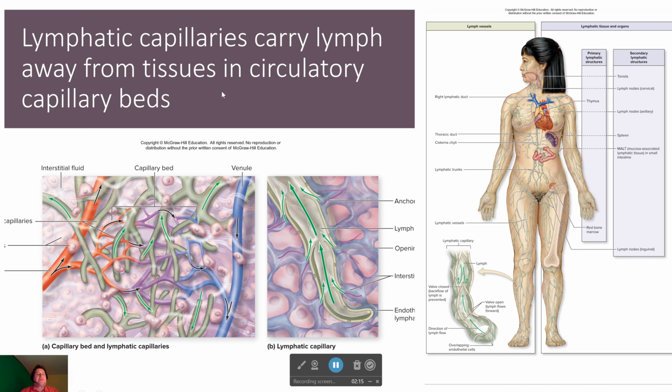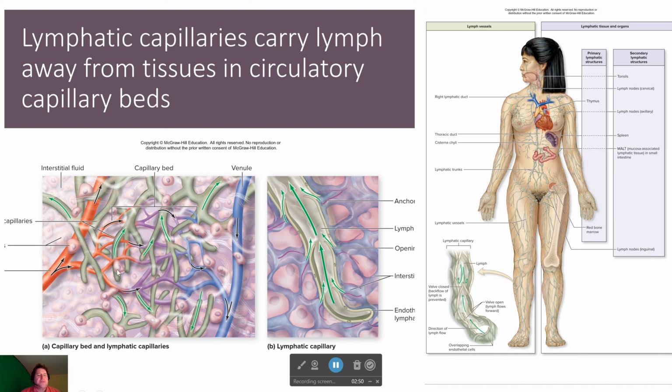So the lymphatic capillaries carry lymph away from the capillary circulatory beds. Just as we discussed in the circulatory system, the blood flows into the capillary from the arteriole, loses its fluid, drops off its oxygen, picks up carbon dioxide, picks up waste, drops off nutrients, hormones, whatnot along the way, and then it gets to the venule, the other end of the capillary, and now it's deoxygenated and continues back to the heart.